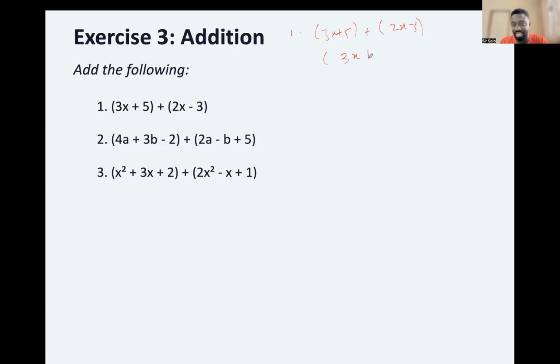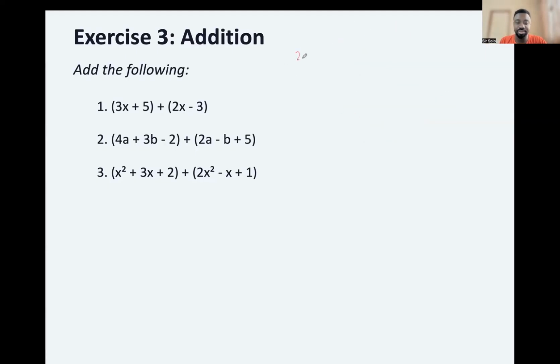Then we group like terms: 3x plus 2x, then plus 5 minus 3. So 3x plus 2x is 5x, and plus 5 minus 3 is plus 2. So the answer is 5x plus 2. That is number 1.